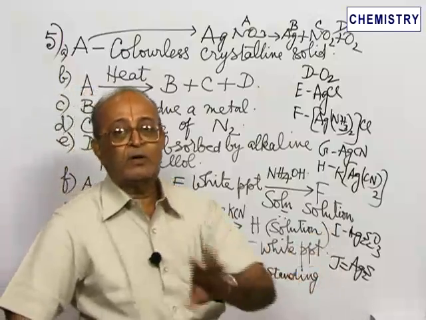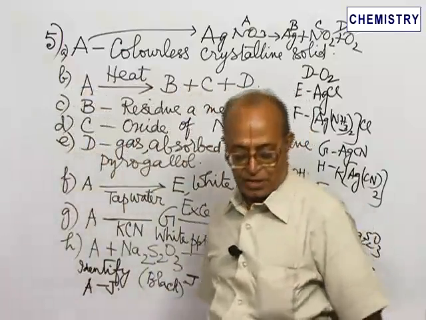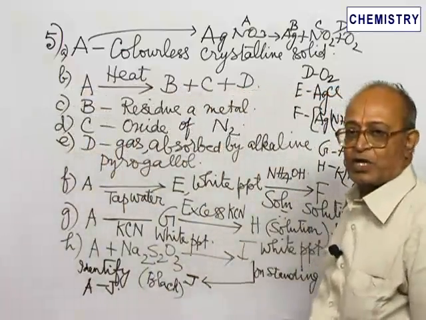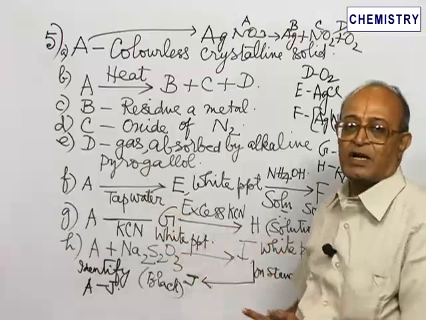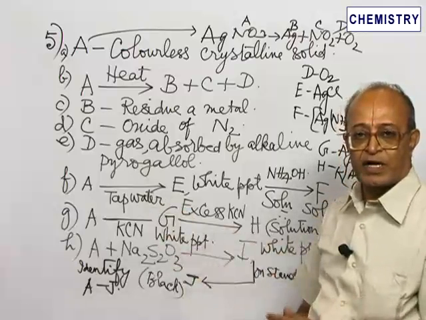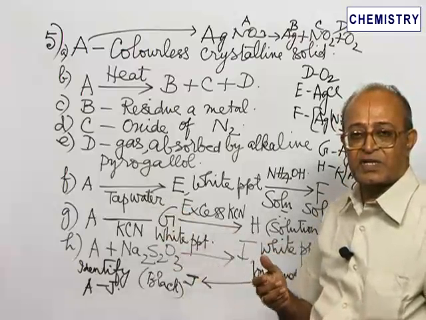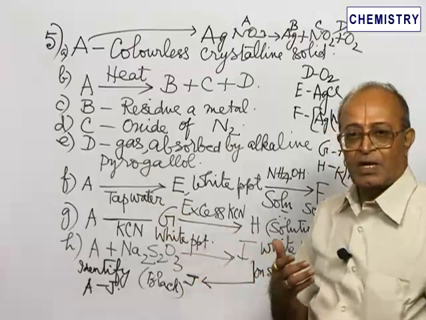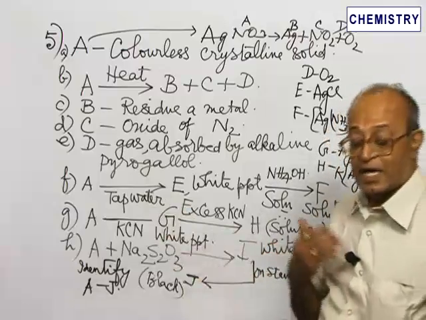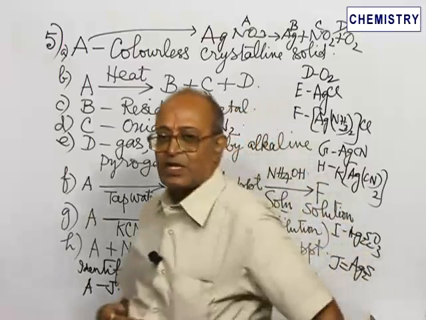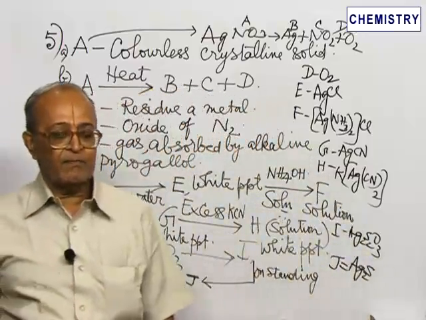You have to get a clue from the reactions given, from which you can easily identify various products if you know the characteristic reactions of several radicals and of several metals. Do you follow?